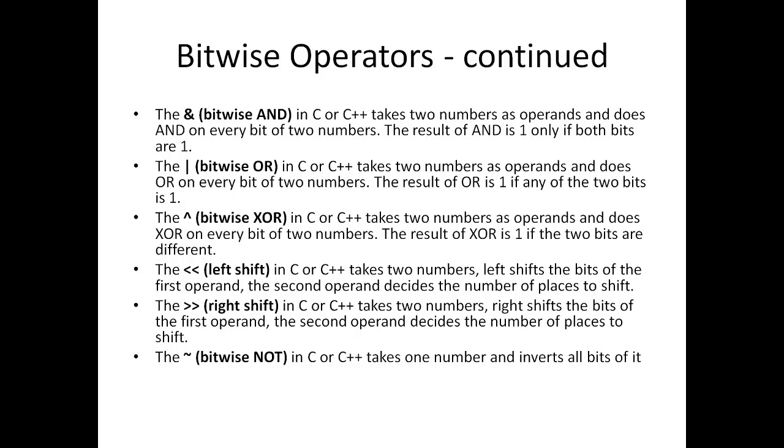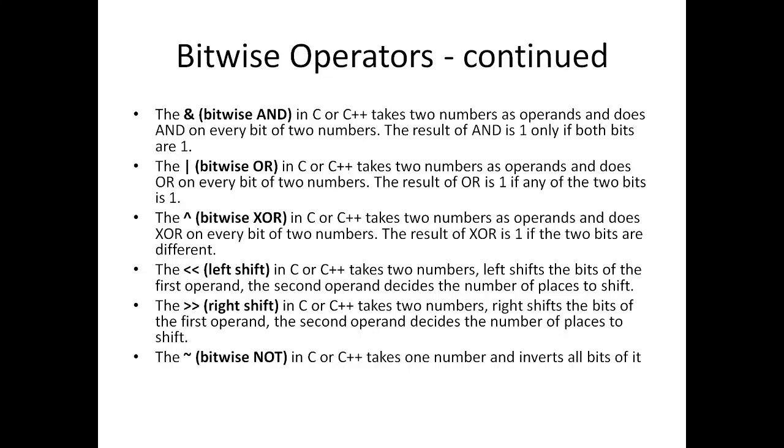So here AND, if we have two numbers and we apply the AND, if both the bits are 1, then it is going to return 1. In case of the OR, if any one of the bit is 1, then it is going to return 1.